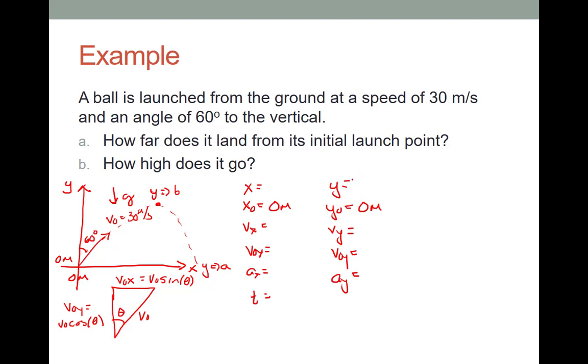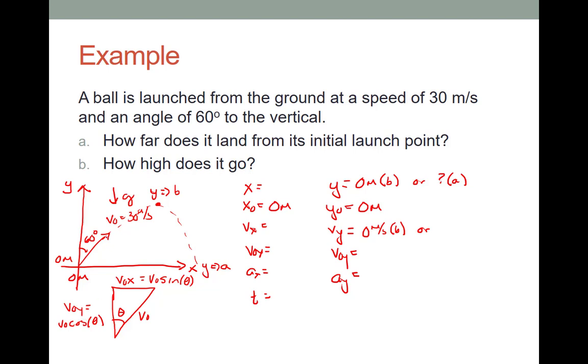Our final height, y equals 0 meters, and I'm going to make a little note here that this is for part B. For part A, it's a question mark. Our final velocity in y is going to be 0 at the top, so I can put that in. Or, if we go back to the ground, it's going to be the negative V naught y.